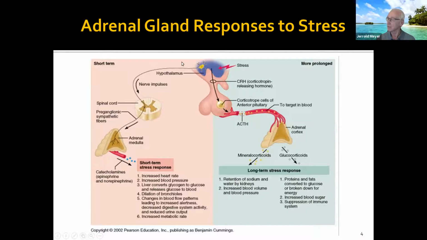And we'll be talking about all of this stuff later. So for now, we're interested in this. Because there's a direct nerve connection here, this is what allows this part of the adrenal gland to respond so quickly to stress. This takes longer because there's a cascade of hormones that all need to be released and to act on their respective targets. So this system is very important for the short-term stress response.